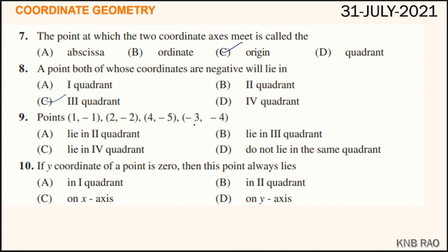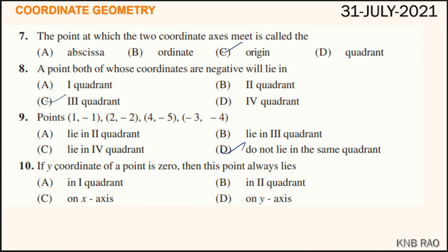But by seeing the fourth point, I say they do not lie in the same quadrant, because it is negative comma negative, third quadrant, while the others are positive comma negative. The first three points lie in the fourth quadrant, only the fourth point lies in the third quadrant. So all four do not lie in the same quadrant.